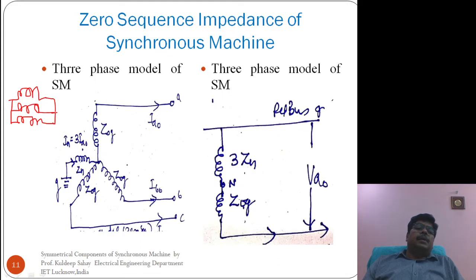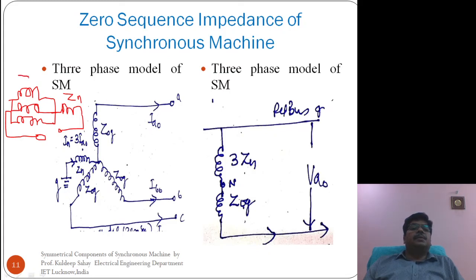And then in this series there is a Zn. This is Zn. So you can find the impedance of this circuit.